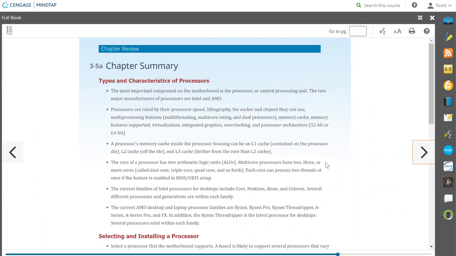So, review. Go back over all you can when it comes to the different characteristics of processors and memory. Look at different systems and what you can see. How do they differ?